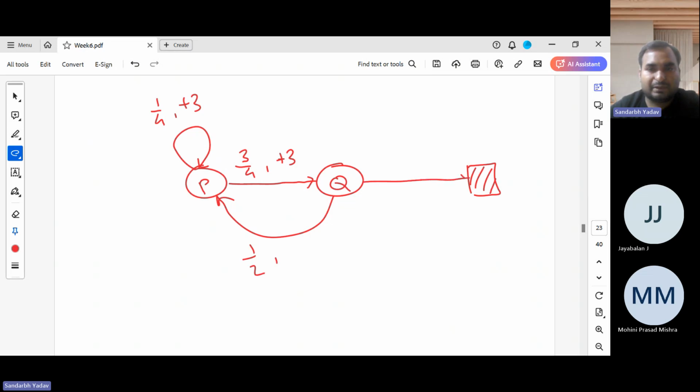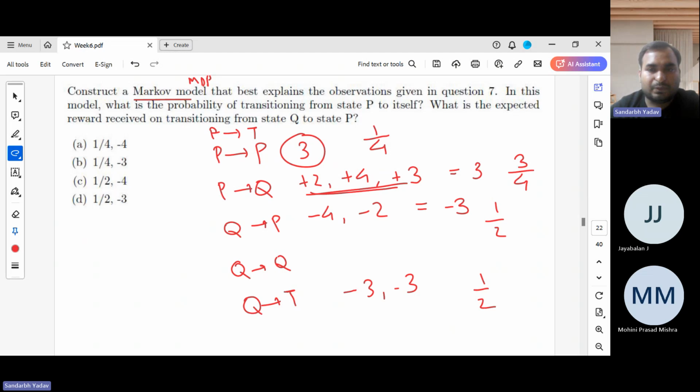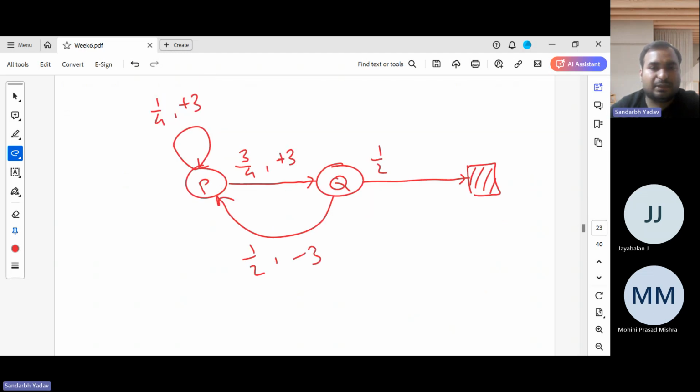And even for terminal state, it was half. Now let's see the reward. Q to P, it was -3. Q to T also, it was -3. So this average will also be -3. So -3, -3. So this is the MDP which we were asked to construct.